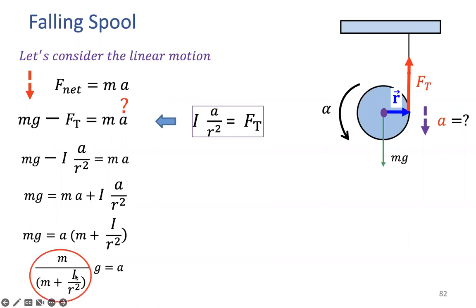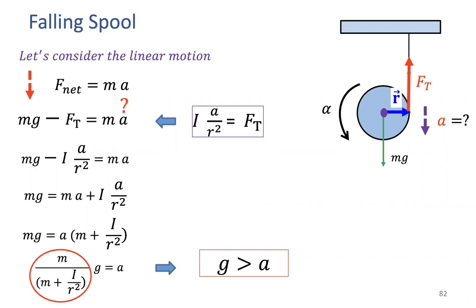This is less than 1, mass divided by something bigger. So 0.9 something, 0.8 something times the gravitational acceleration. That's why we can say the spool is going to accelerate downward at a lower rate. A is lower than the gravitational acceleration.